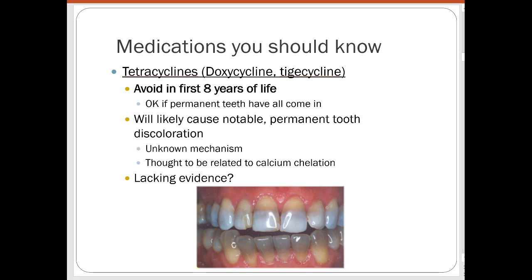I can't remember what the actual one is. But anyway, doxy is a really good drug for that. And that tends to be a pediatric illness, so we have to use it, and it's sort of a risk-benefit. Again, studies looking at these kids that have gone through those courses haven't actually found that this happens, so maybe more theoretical than anything else. But it's still something we try to avoid if we can.